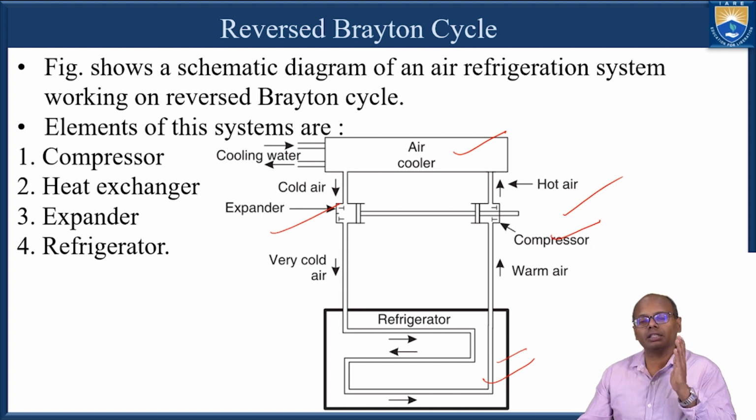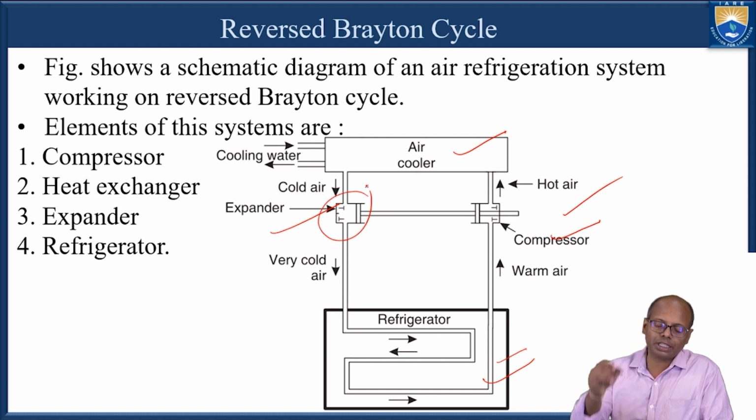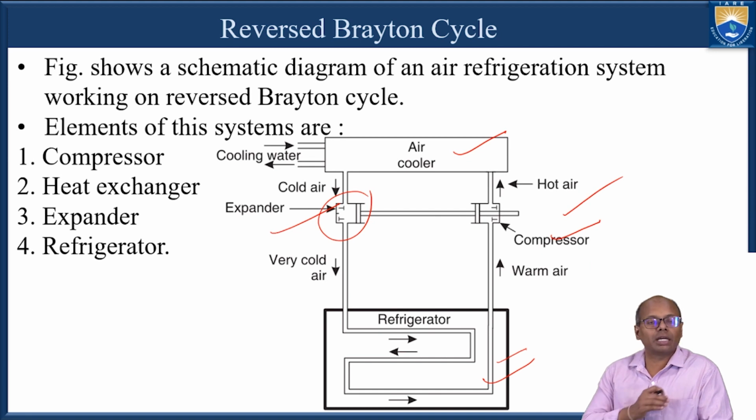Now here if you remember, in case of the vapor compression cycle, we removed the expander or turbine and replaced it with an expansion valve, which does not give us any work output. Why? That also we have discussed.